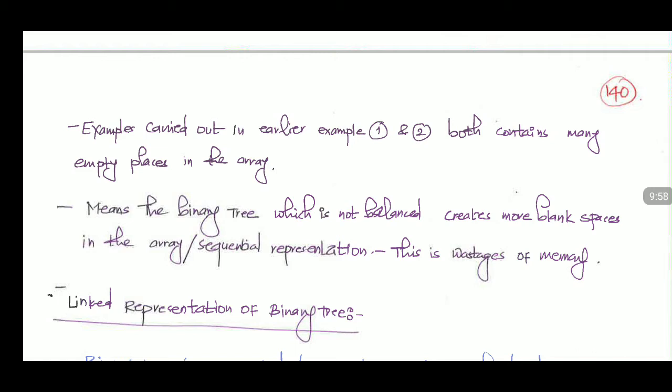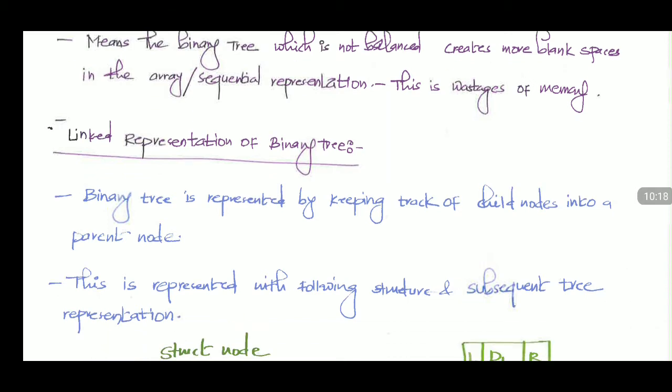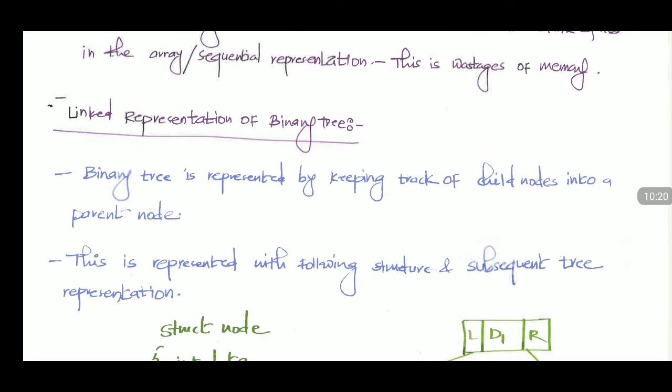It means a binary tree which is not balanced creates many blank spaces in the array or sequential representation, and absolutely this is a wastage of memory.